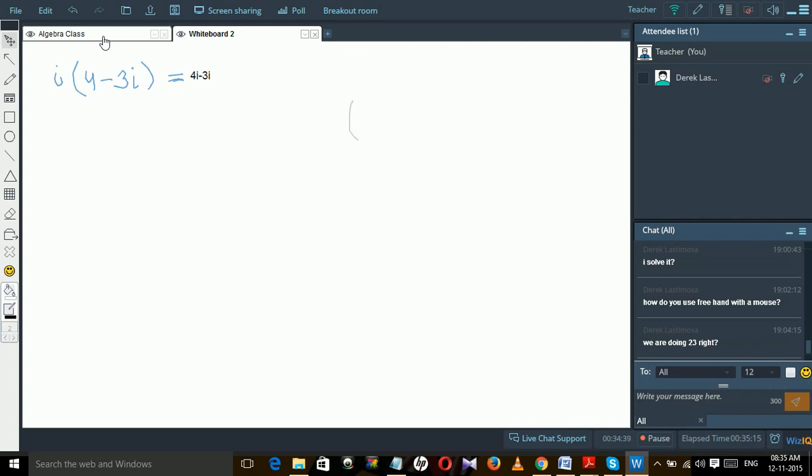For such problems, you need only one step to write down the final answer. It is pretty much clear from the question that it comes out to be 4 iota plus 3, because -3 into -1 comes out to be +3. So 4 iota plus 3.